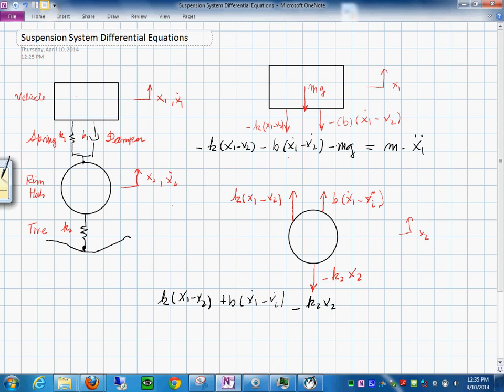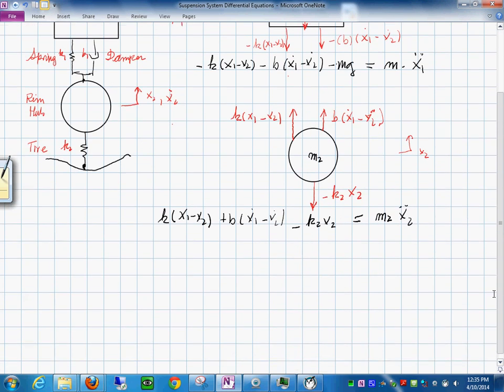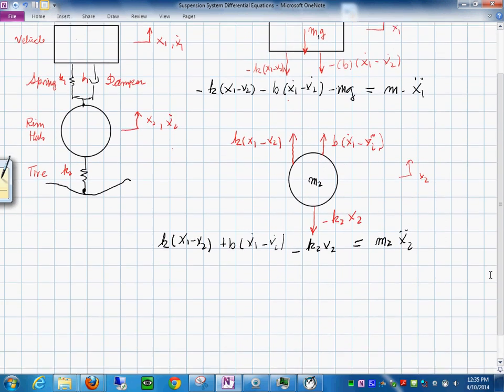So this is going to be equal to the second mass. This would be m1 over here and this is going to be m sub 2 times x sub 2 double dot like that. So given these two equations, we can build our block diagram.